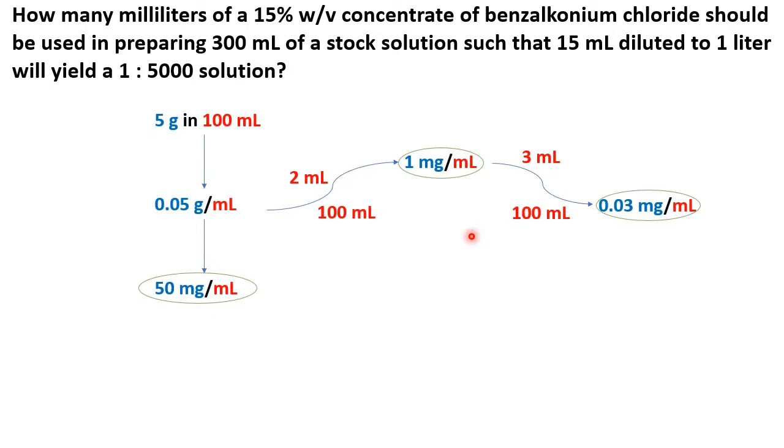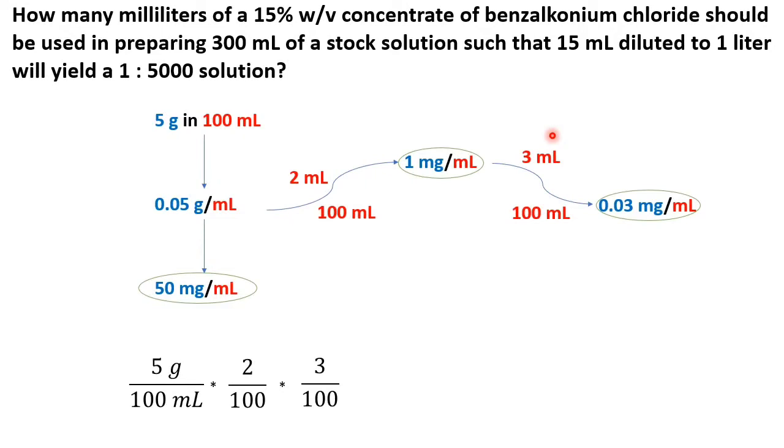Now, to make the calculation easier, we start with 5 grams per 100 milliliters, and multiply by the dilution factor, which is 2 over 100, and then multiply again by 3 over 100.